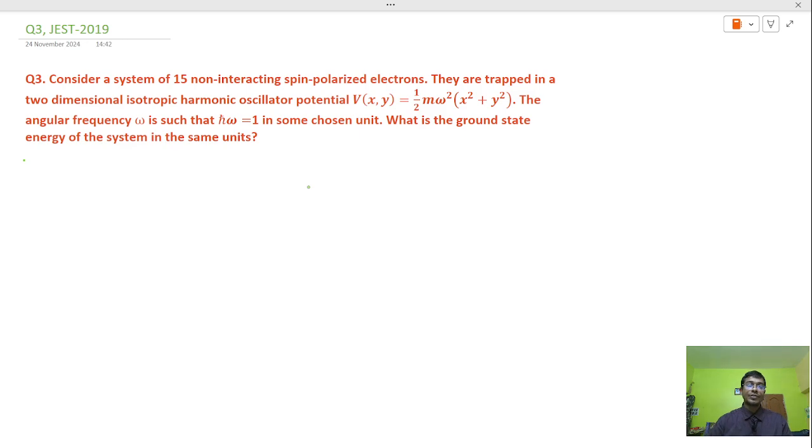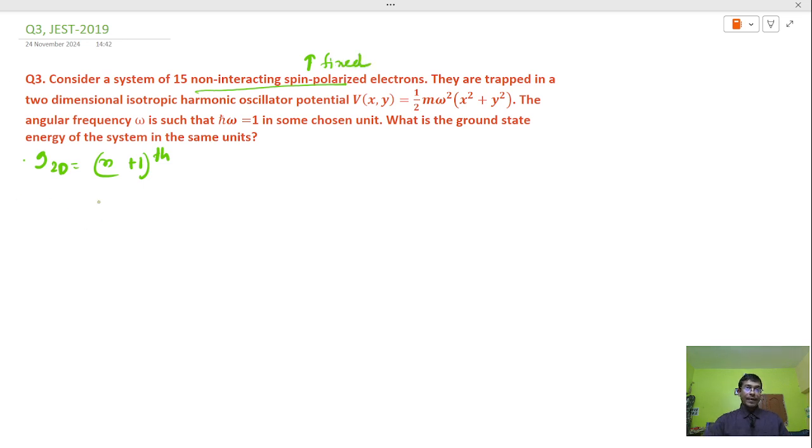For the total system ground state energy, we did this theory in our problem and formula class, just for two dimensions. Basically, the degeneracy of 2D is n plus 1. Non-interacting spin polarized electrons means the direction of spin is fixed.